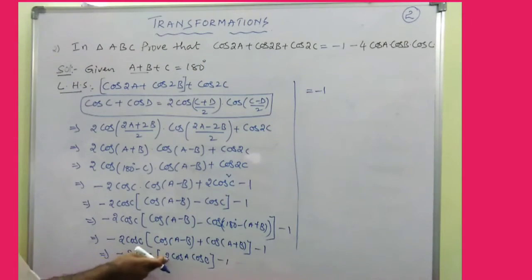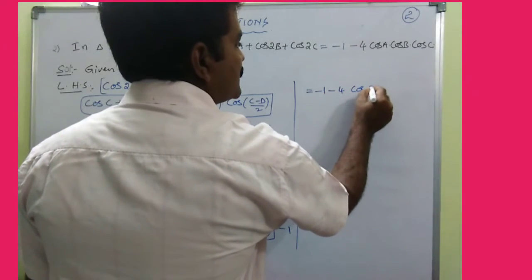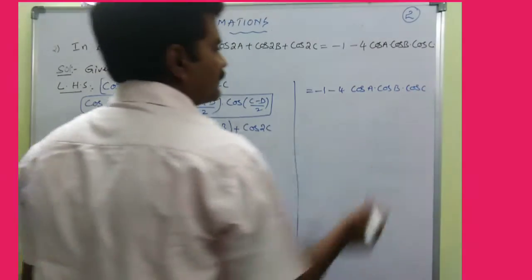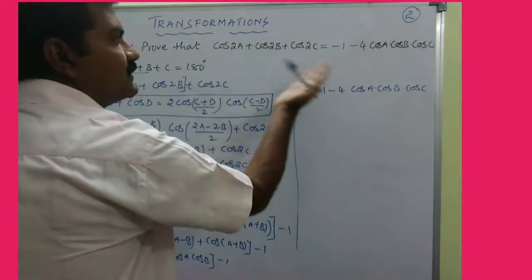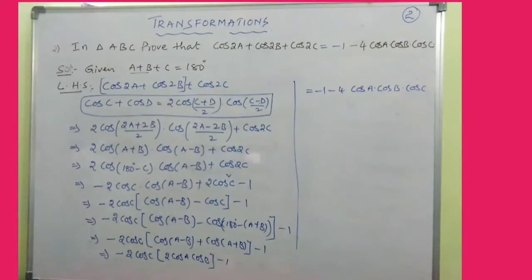Minus into minus into plus, anyhow, minus 4 cos A into cos B into cos C, isn't it? So if you want this minus 1, you can send it to the left side, hence you can prove it, which is equals to minus 4 into cos A into cos B into cos C.